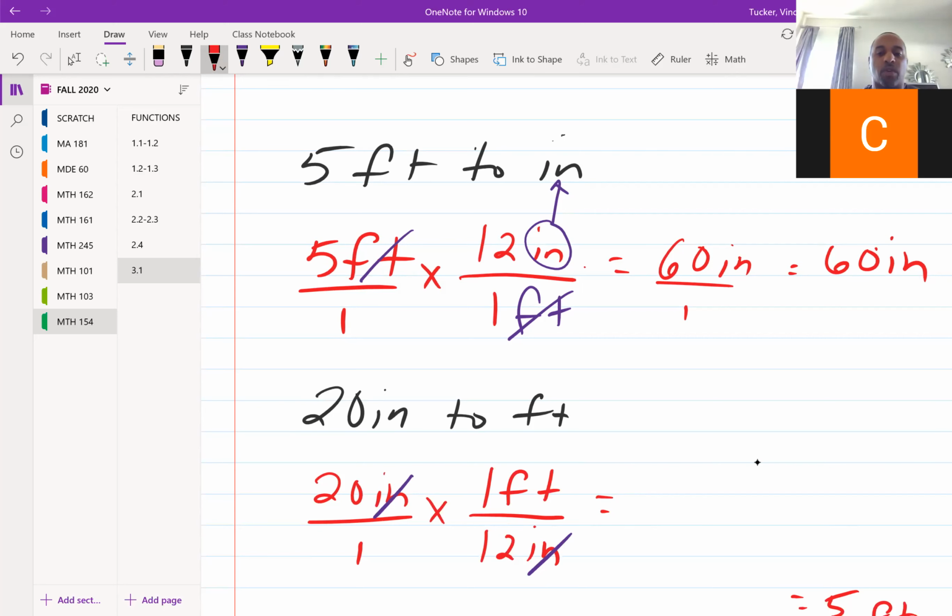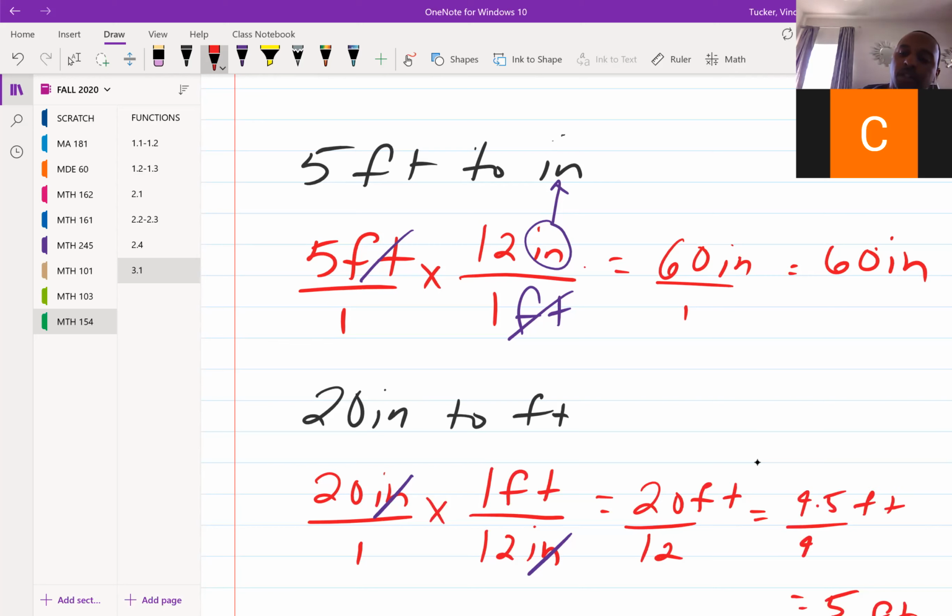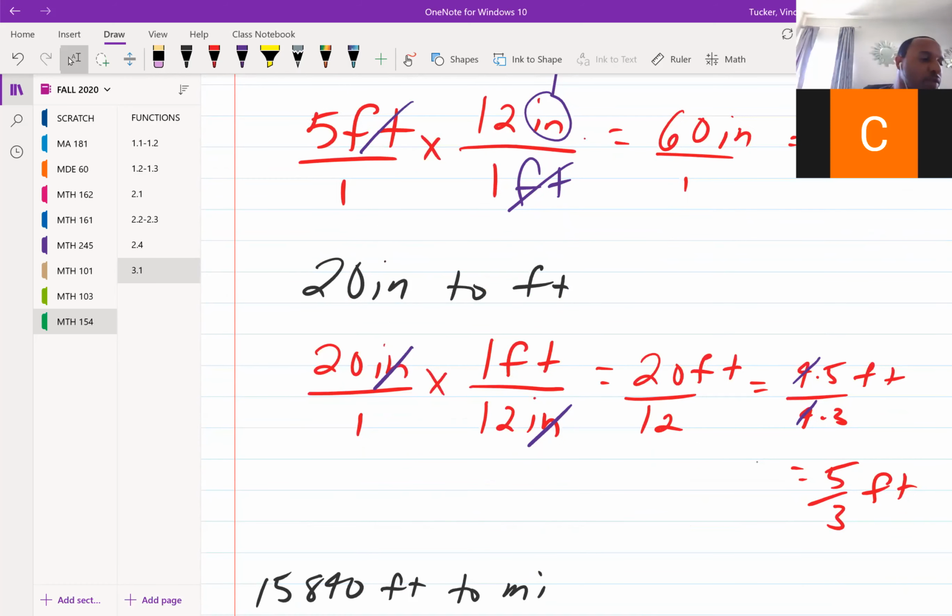Now I can multiply across. That's 20 over 12. I can reduce that fraction. 4 times 5 is 20, 4 times 3 is 12. The 4s will cancel, and that leaves me with 5 over 3.